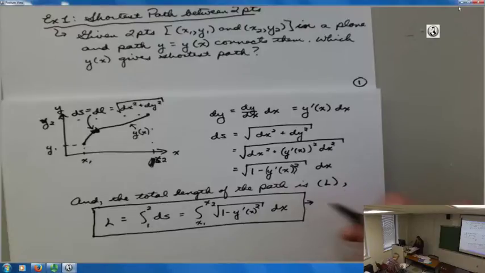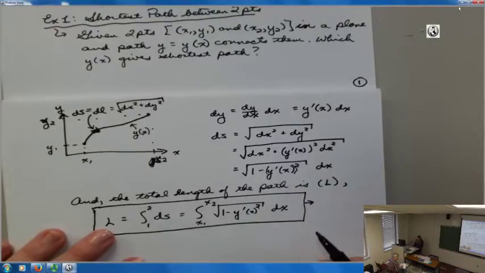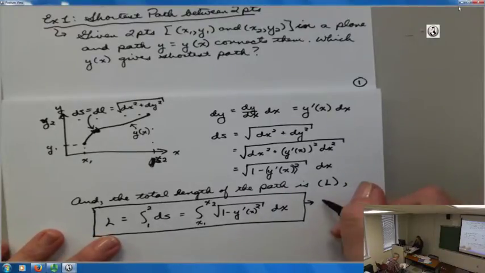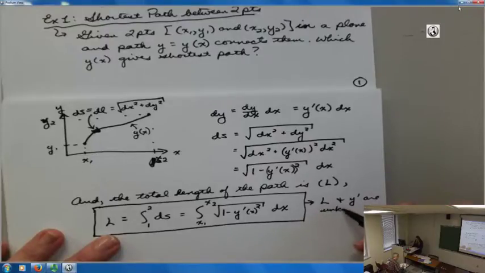And the thing that is unknown in this expression, well, there are two things that are unknown. I've got L is unknown, and y prime is unknown. So I've got a bit of a problem because I've got one equation, two unknowns. But we'll just tell you, spoiler alert.